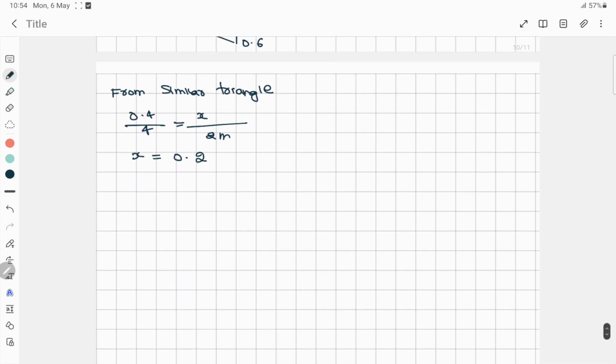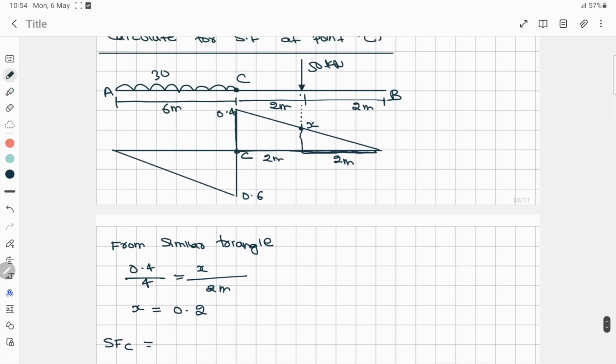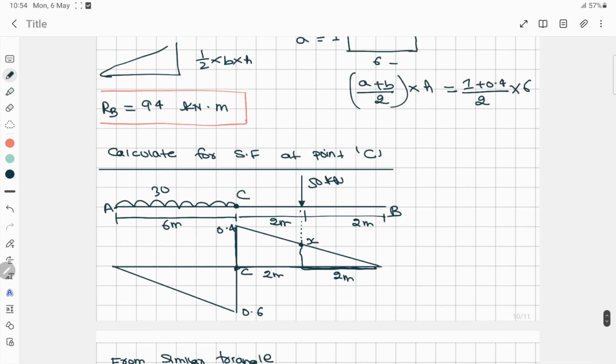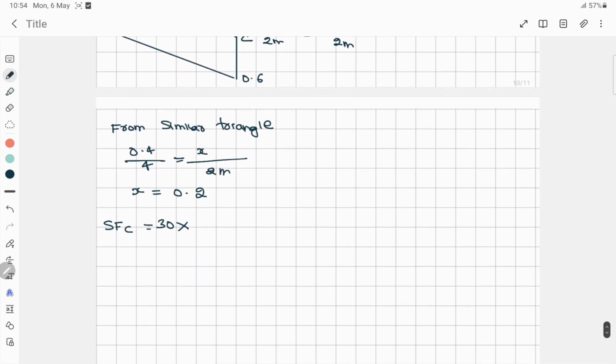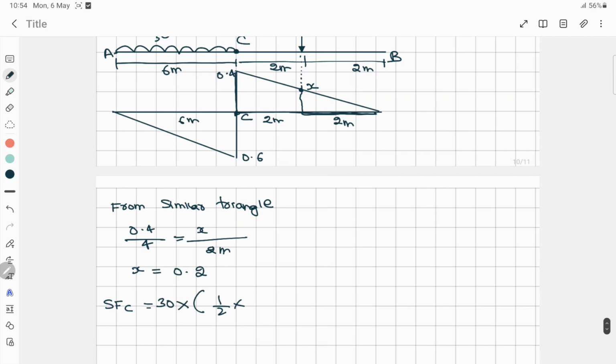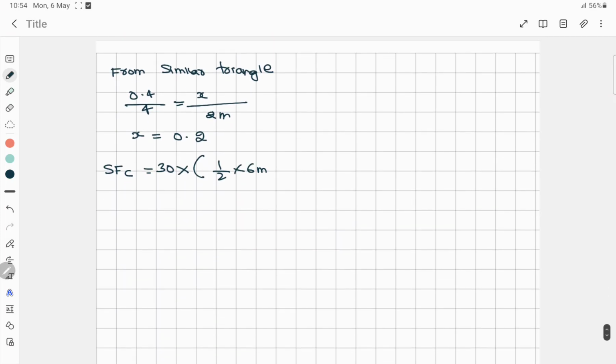Okay, so now we have to find the shear force at C from this one. So now shear force at C will be, we'll start from here, that is 30 into the area of the triangle, that is half into the distance, which is 6 meter, so 30 into half into 6.